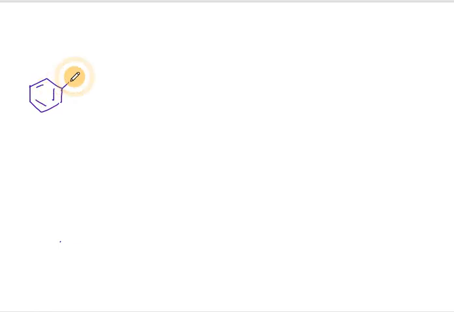So what if you have this compound plus this compound, the 2 in a basic solution? Go ahead and predict the product which will be formed when this compound and this compound react in a basic solution.